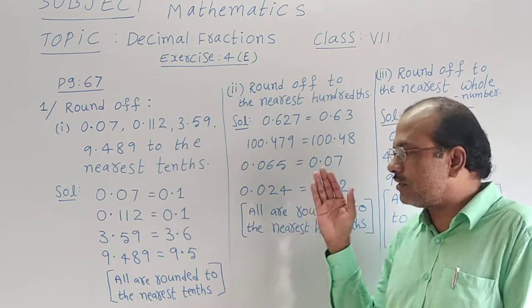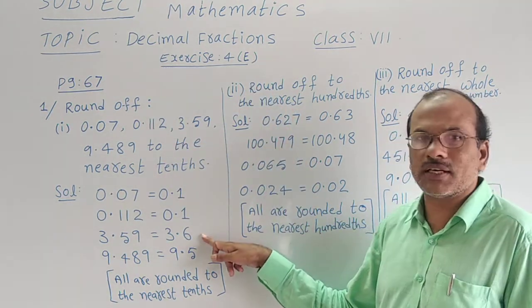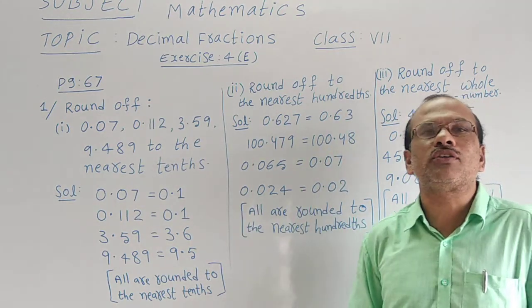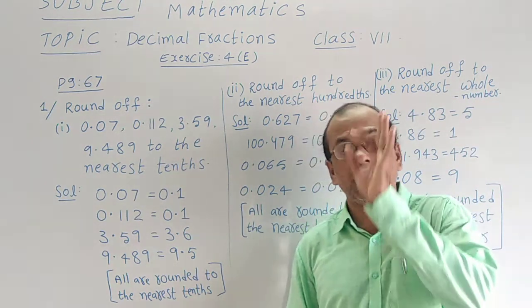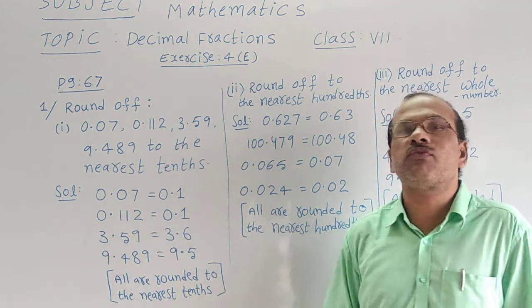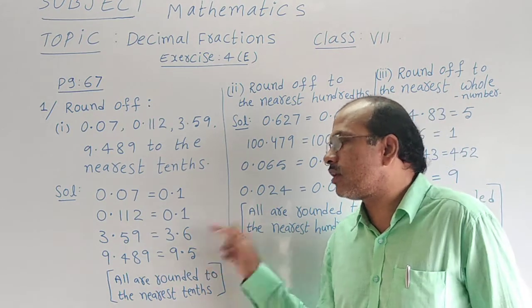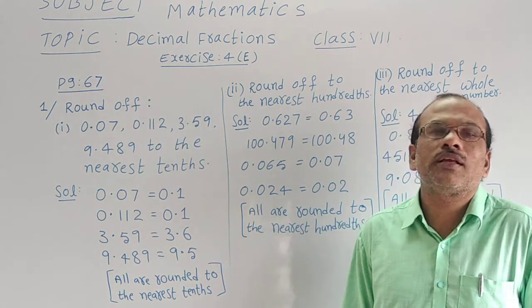Already 5 is there and this 1 we are giving from this 9. 5 plus 1 gives you 6. Then we can happily remove that 9 because they asked only up to 10th place we should round off. That's why the 3.59 rounded to the answer called 3.6 to the nearest 10th.